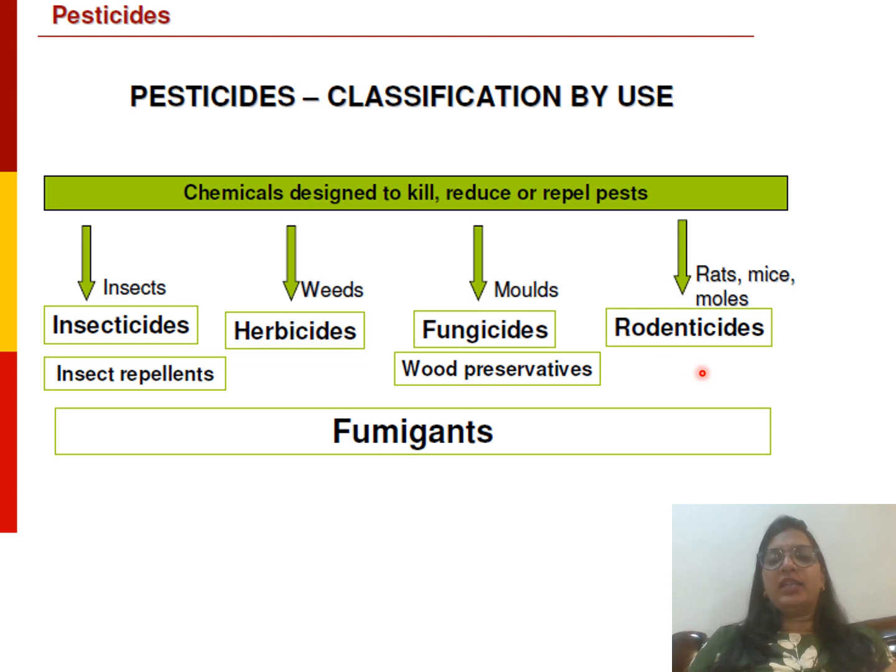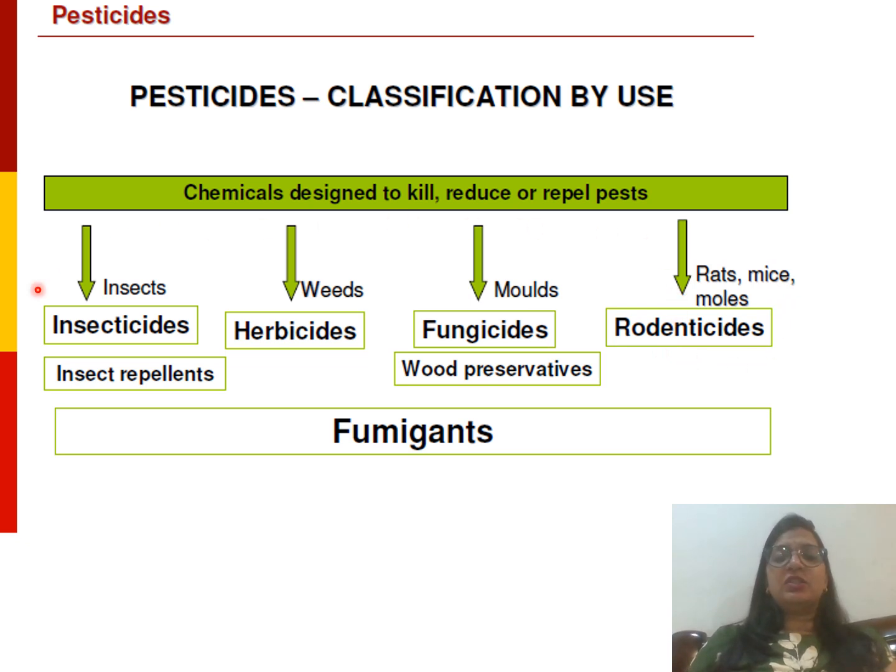And the fourth category is rodenticides, as the name suggests, for rodents. Rodents means rats, mice, moles. Legally it is not good to kill rodents, so our aim is to reduce their growth or to repel them. Such pesticides are known as rodenticides.